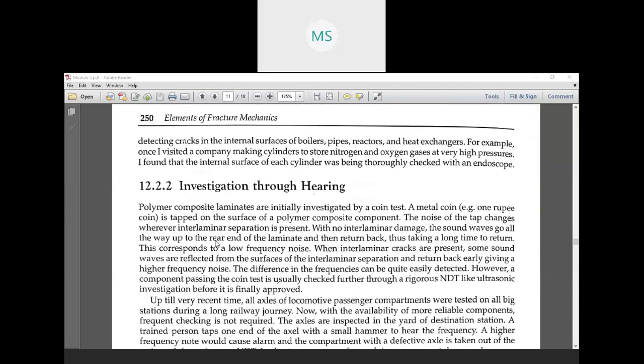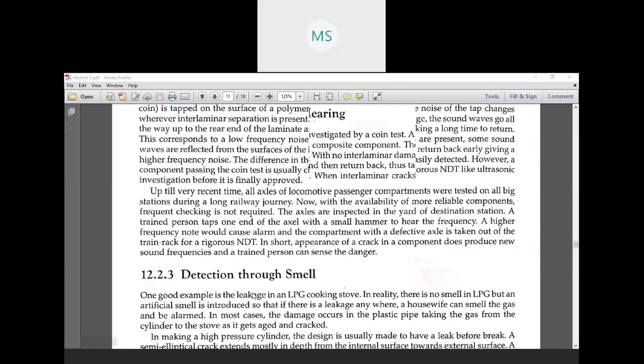But if in between there is some crack or obstacle, then when the pulses or waves touch that crack and come back, the time taken will be very less, and the frequency will be on a much higher side. So this is the investigation through hearing.